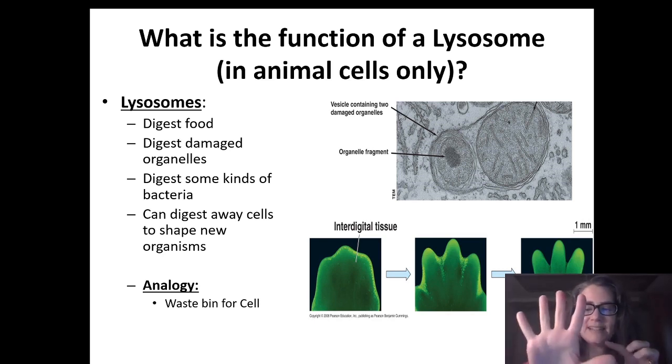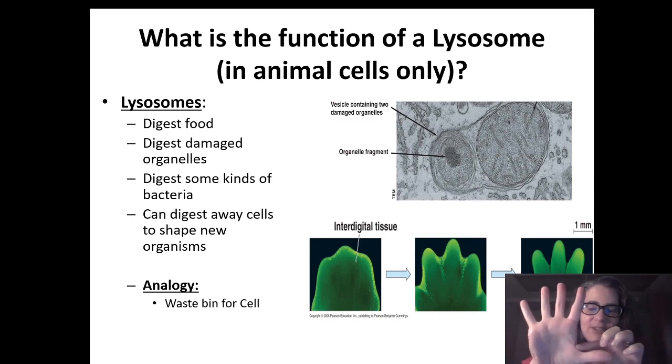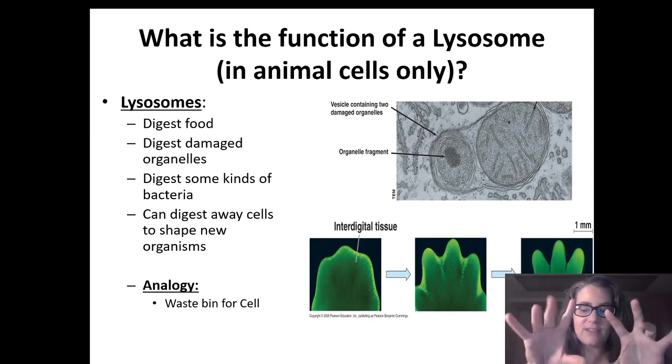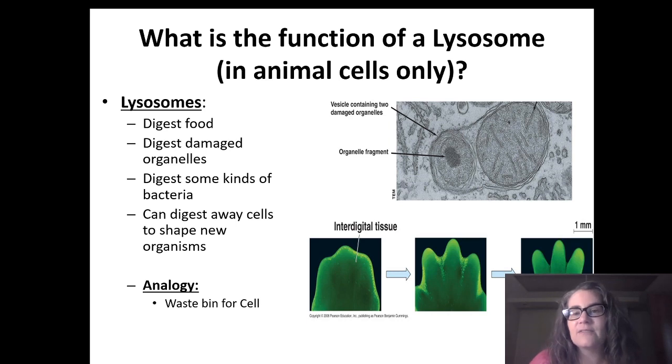And what happens is these lysosomes can actually eat their way from this ball and eat out the different digits so that you get this different form. You go from a ball of cells into the final form and the structural form of an organism. So that's pretty interesting. And I show that down here. You can see these lysosomes eating away the space between the digits so that you have a 5-fingered baby, right? Or something like that.